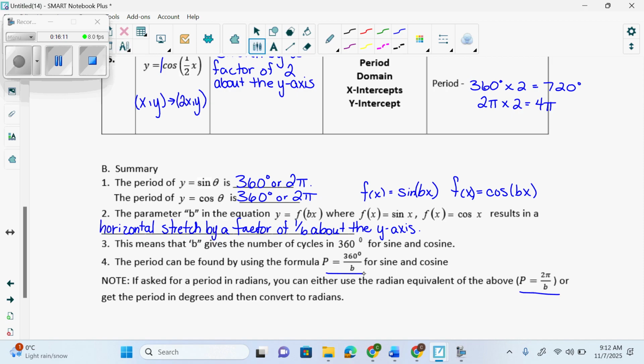So you make the choice and stick to it. You either think, I'm going to always multiply by the horizontal stretch and just get my answer, or I'm going to divide by the b value from the equation. Remember, your equations are this: a, b, c, d, right? So the b is this from the equation. You make your choice and stick to it. All right.